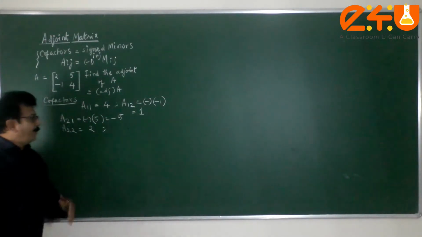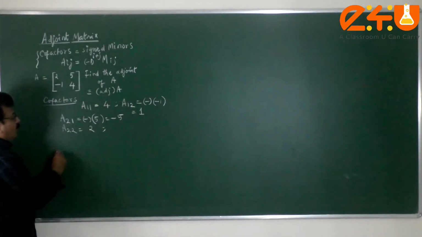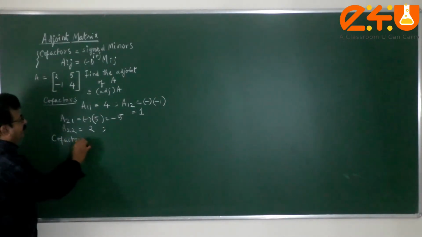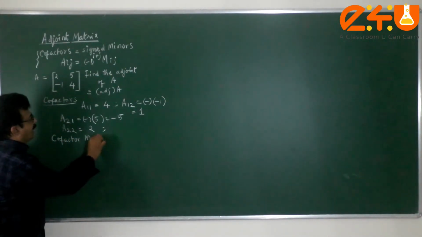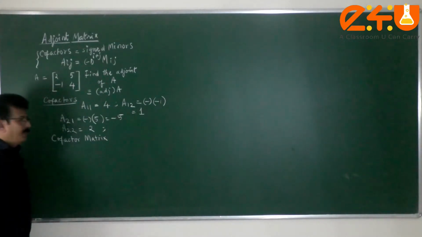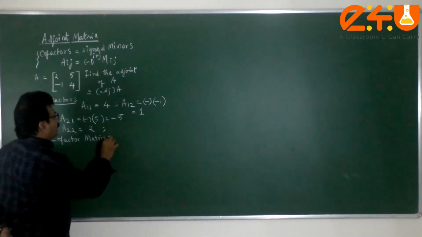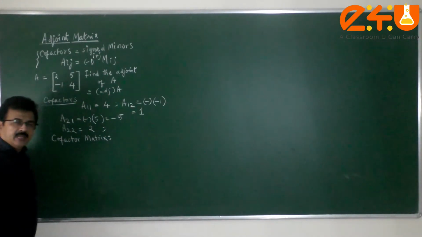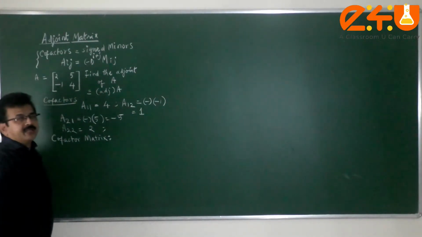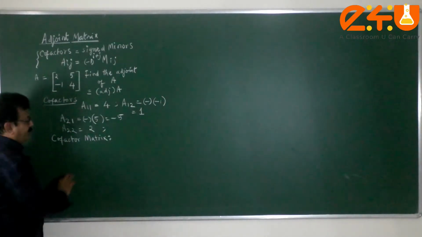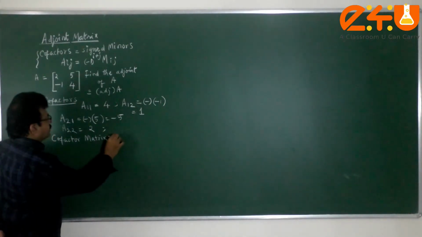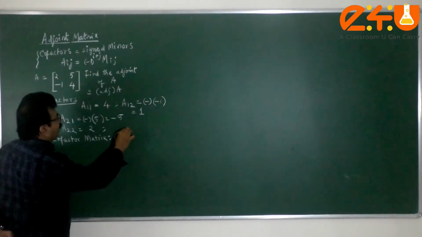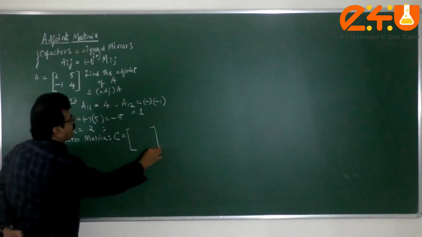Now I can prepare the matrix consisting of cofactors. I call it the cofactor matrix. Any symbol you can assume, as long as the matrix is represented by uppercase, so let me give the symbol capital C, made of cofactors.